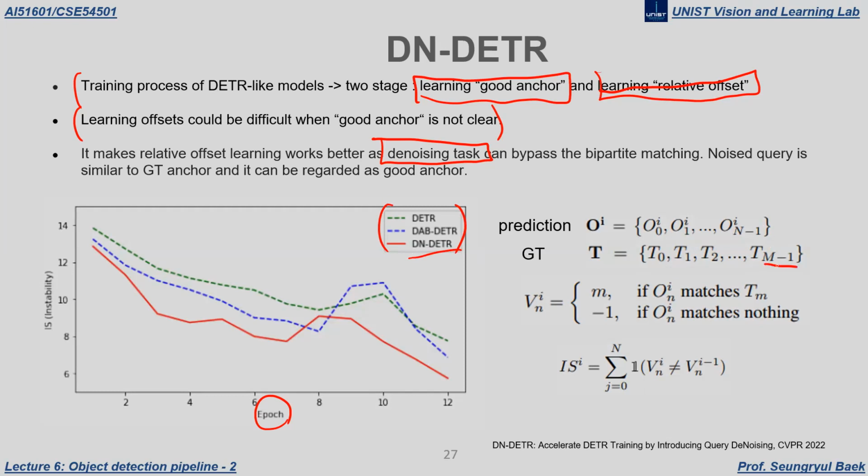Let's say there are M ground truths, let's say M is 5, and N is 300 to 500. N is the object query number, and M is the ground truth number.